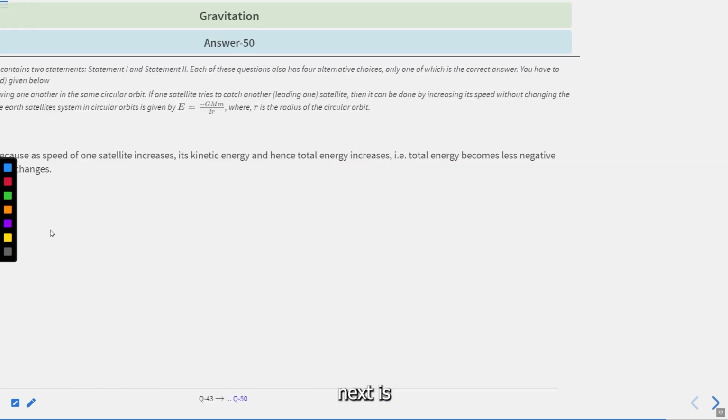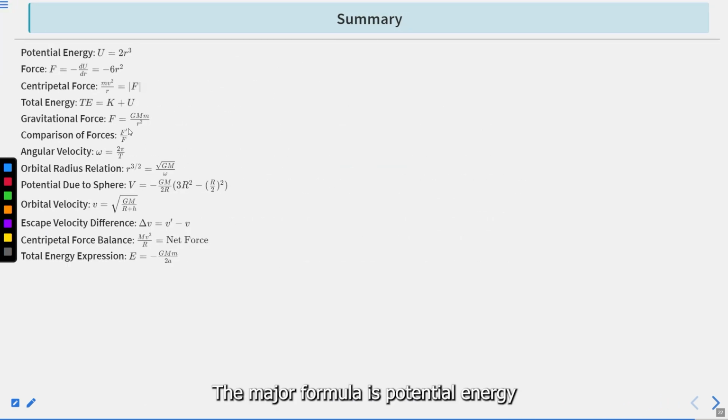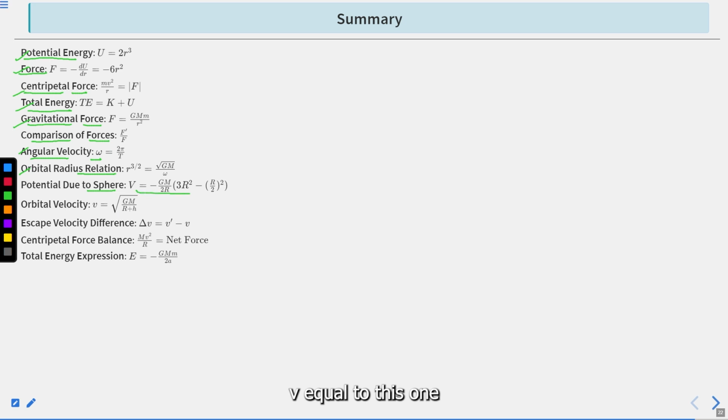Next is the summary. The major formulas are potential energy, force F equal to minus dU upon dr, centripetal force, total energy, gravitational force F equal to GMm divided by r squared, comparison of forces, angular velocity 2π by T, orbit radius relation, and potential due to a sphere. Also orbital velocity, escape velocity difference, centripetal force balance, and total energy expressions.